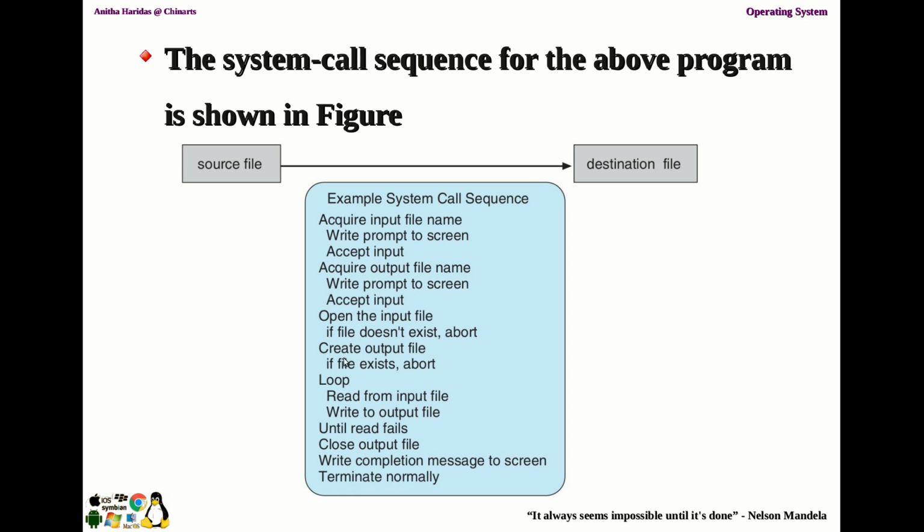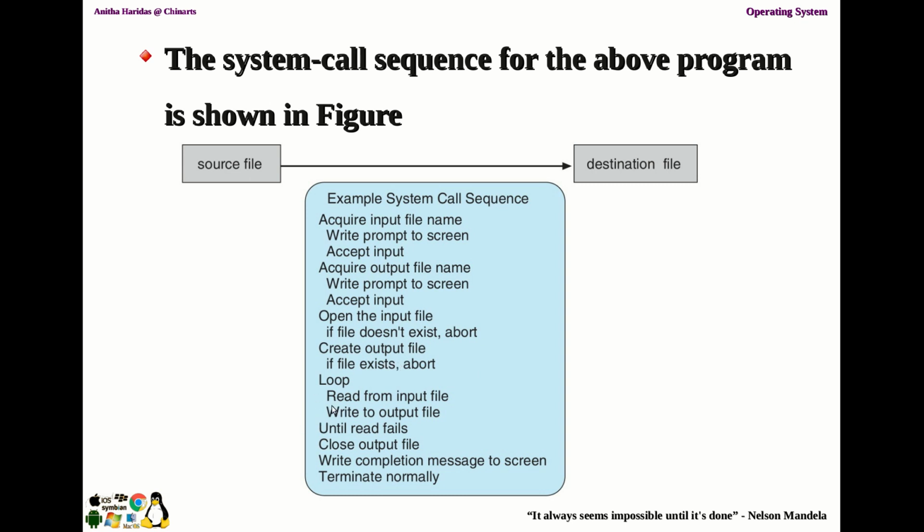In the same way, you need to create the output file. If the file already exists, it may terminate the program. Or in some operating systems, if the file already exists, it will overwrite the file. Or some operating systems will ask the user for confirmation whether you want to overwrite it or not. So it is up to the design and implementation of the operating system.